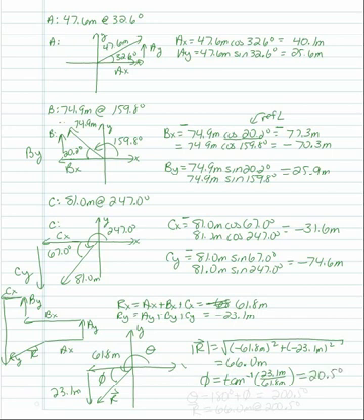Since we are in the third quadrant, the standard angle theta is 180 degrees plus phi, which is 200.5 degrees. So our answer, R, is 66 meters at 200.5 degrees. The best thing about vector addition problems, they're all performed the same way.